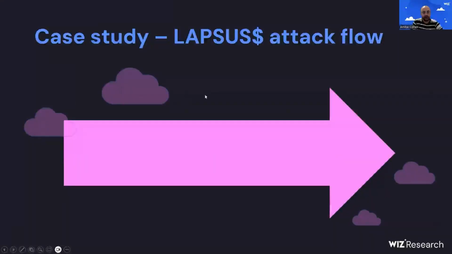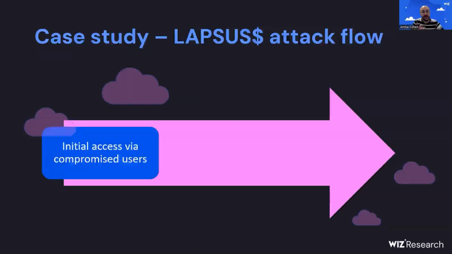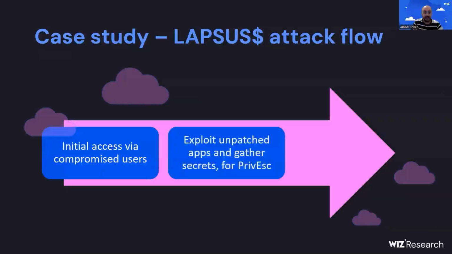So what we do is we look into how an actor like Lapsus is actually targeting the cloud. We take everything we know about them and we place it on a flowchart that looks like this. We understand how they gain initial access, for example, through compromised end users, as opposed to exploiting a vulnerability or a misconfiguration. The next thing they do is they exploit internal apps.